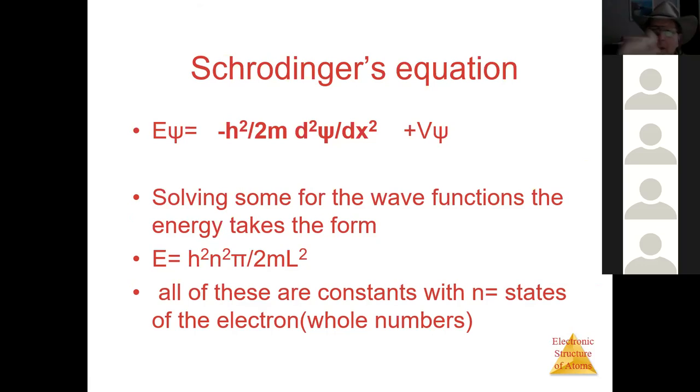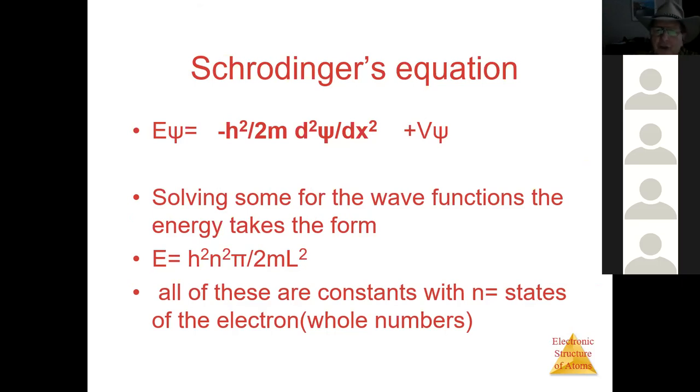I'm sorry, right now I don't remember what V stands for. But this is the potential energy of the system. This whole big thing here is the kinetic energy of the system. And the whole thing, the energy times psi, is equal to the kinetic energy plus the potential energy.